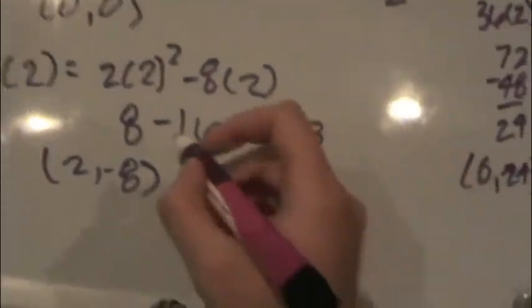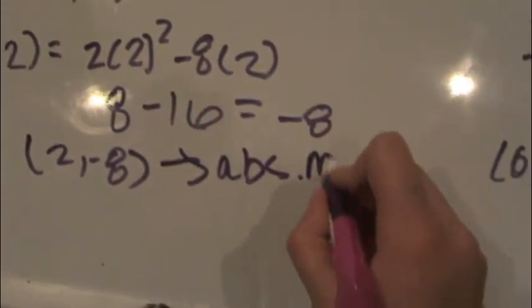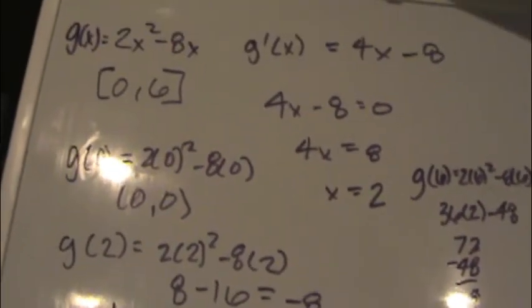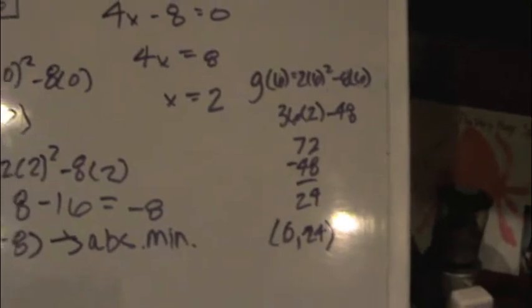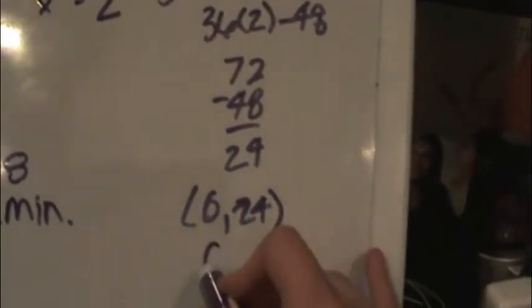So this right here is our absolute minimum. Now let's look at the remaining y values to find the highest one. We have 0 and 24. Well, 24 is our highest y value, so we know that this is our absolute maximum.